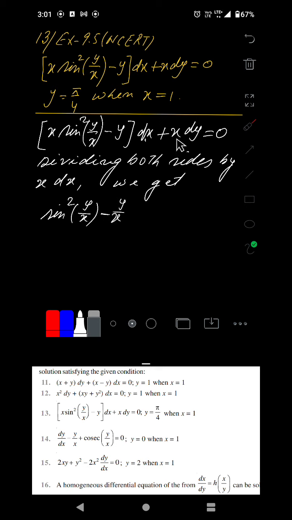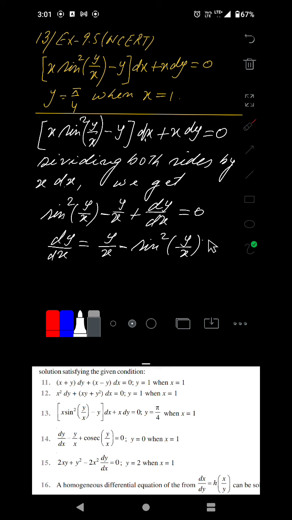And in the second term, if we divide this by x dx, x will cancel x, and we have plus dy/dx = 0. Now transposing these two terms to the right hand side, leaving dy/dx on the left, we have dy/dx = y/x − sin²(y/x). That will be equation number 1.